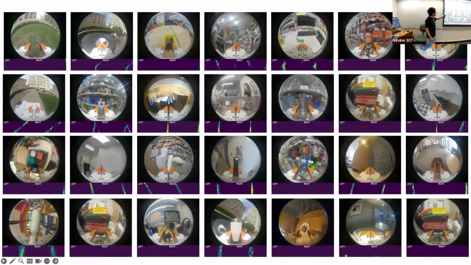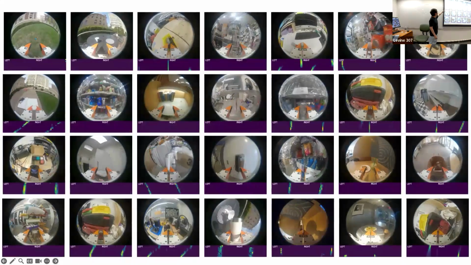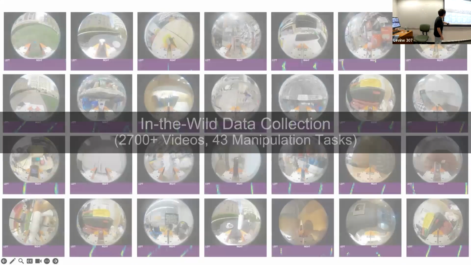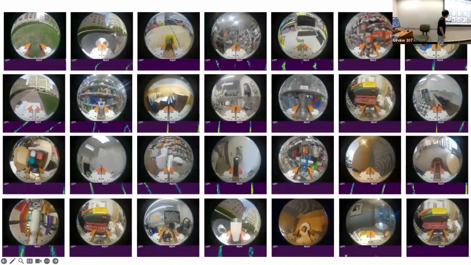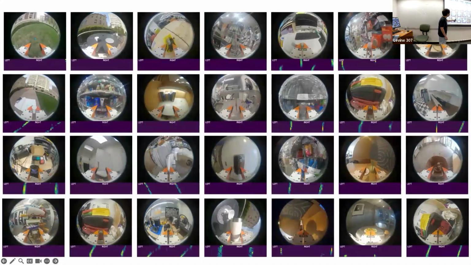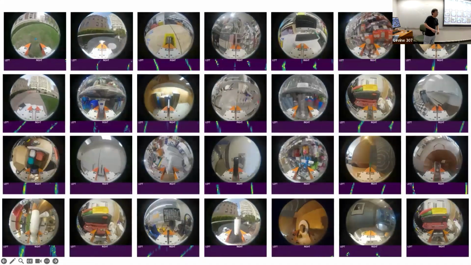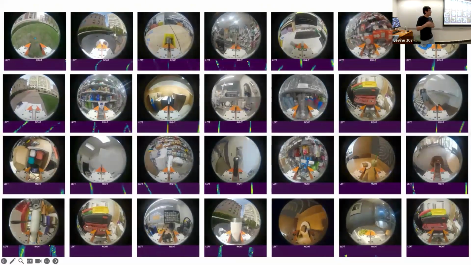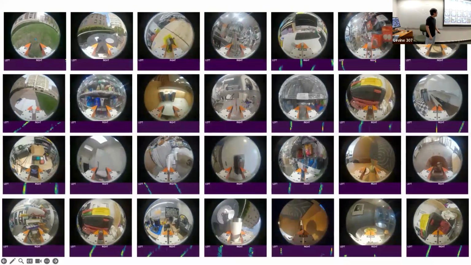The locations include the university campus, a grocery store, the student makerspace, and the graduate student lounge. There are a lot of spaces, so the object diversity is much greater than if you only collect data in the lab.